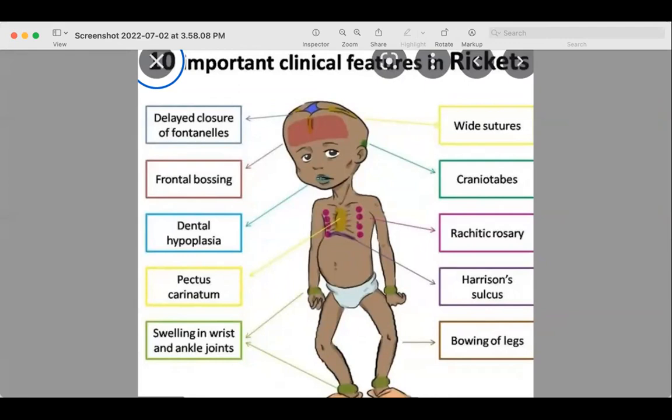Then there are a few differentials for disproportionate, like hypothyroidism, rickets, skeletal dysplasia, MPS, Klippel-Feil. These 4 or 5 are very common and have come in the MCPS exam previously, so I'll keep them on top. Then I will see whether the limbs are short or the trunk is short.